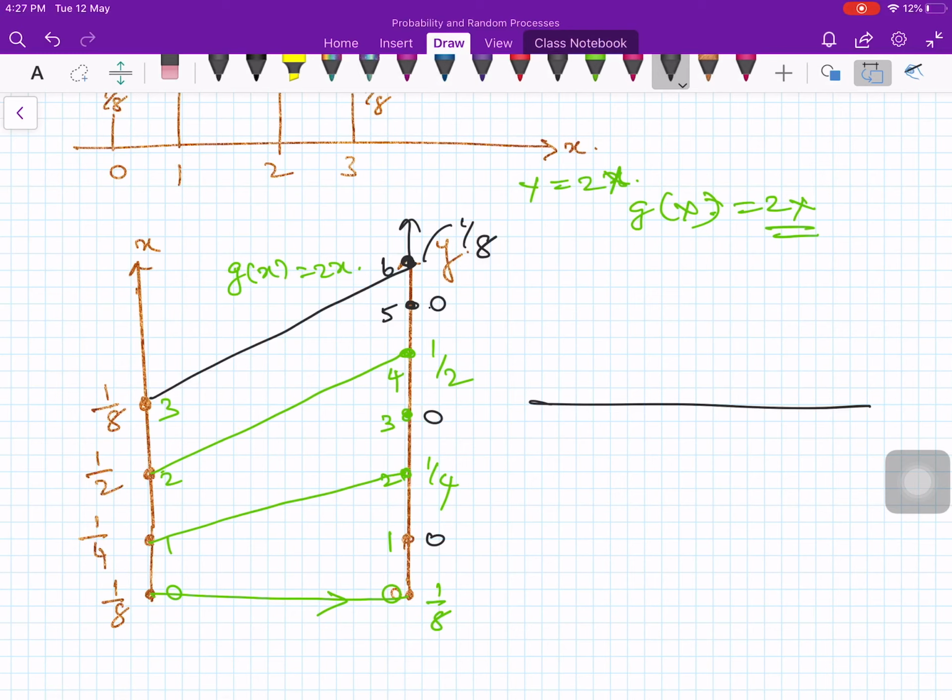The probability mass function is at 0 you have 1/8, and at 1 the probability is 0, sorry, at 2 you have 1/4.